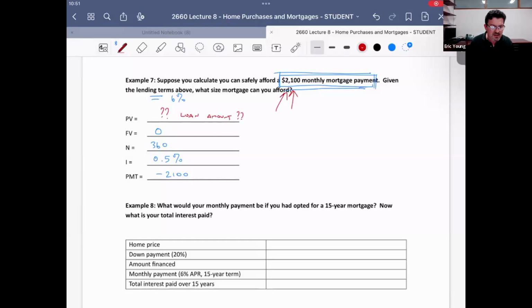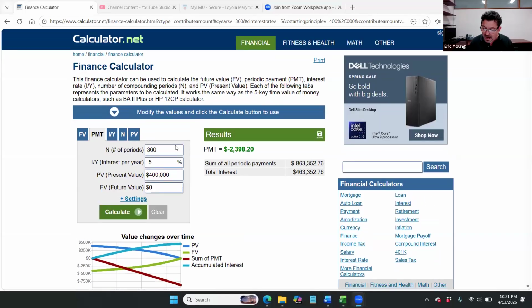And that's another great thing with these financial calculators. They're really nice because all you have to do is change one variable and you're set. So we're going to go up here. We're now solving for present value. We're going to keep N at 360, interest at 0.5.